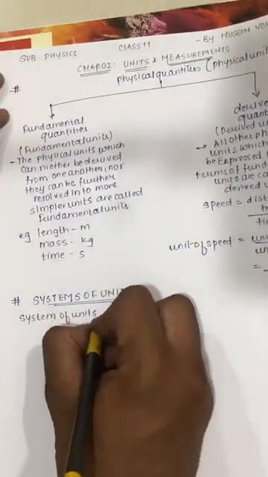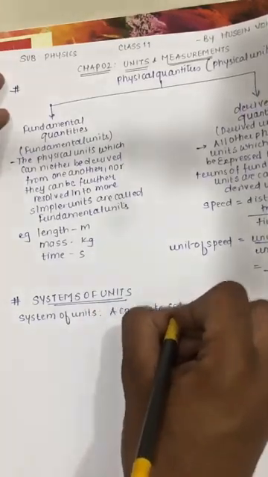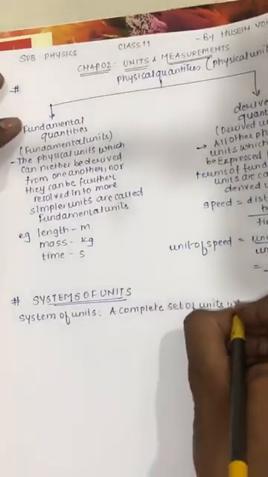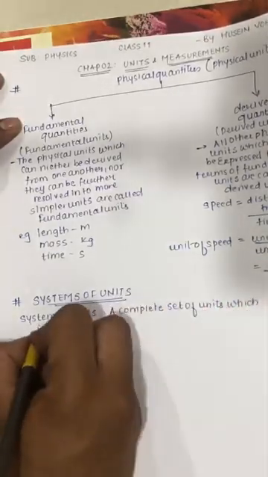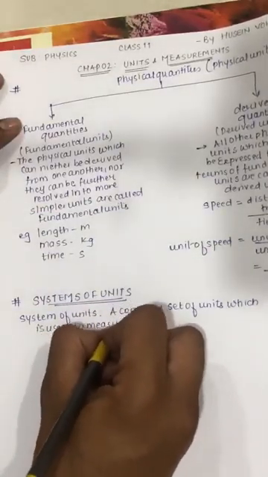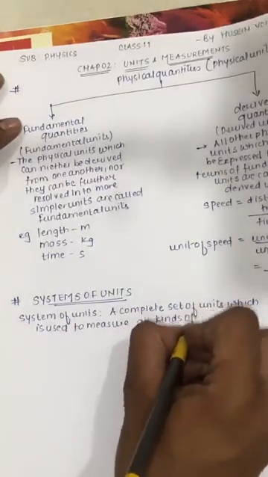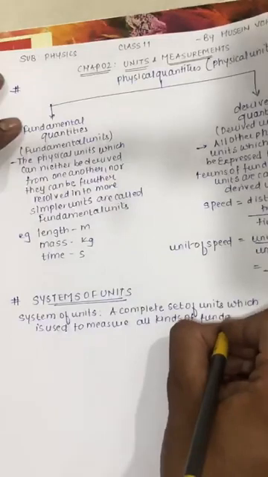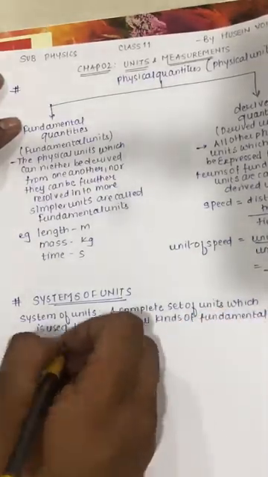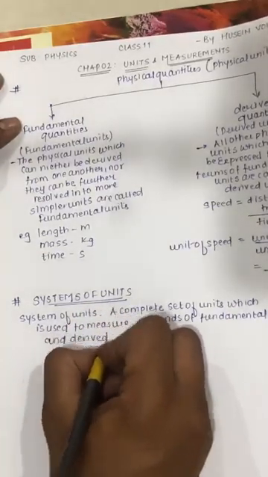A system of units means a complete set of units which is used to measure all kinds of fundamental quantities and derived quantities.